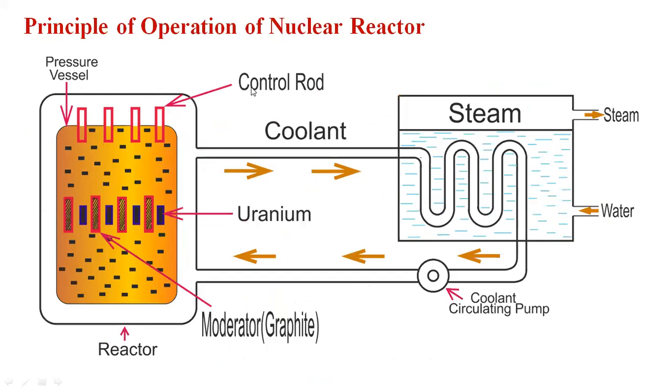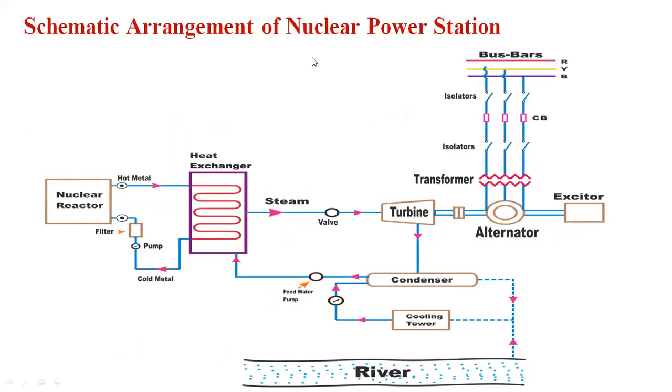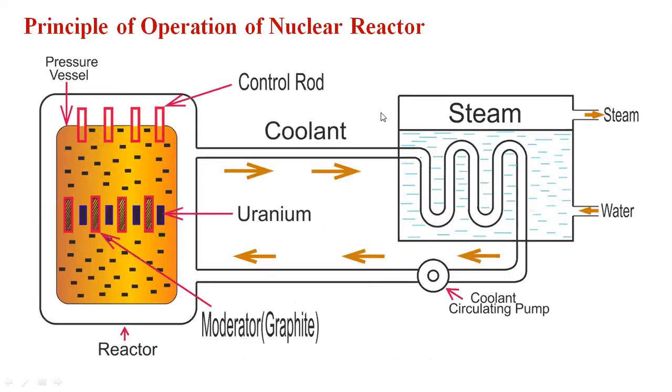And the next topic, the principle of operation of the nuclear reactor, or the basic components of the nuclear reactor. You can see here, in the nuclear power plant, the main component is the nuclear reactor, with uranium as the fuel. We will see the schematic diagram, the working principle and the operation in this circuit diagram.